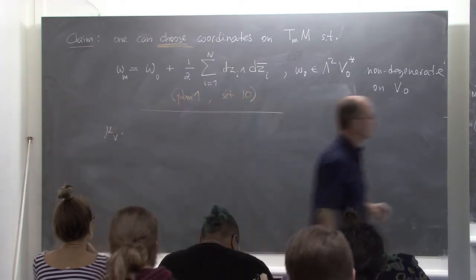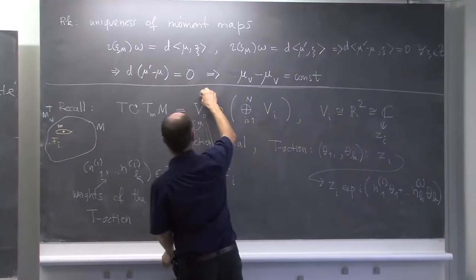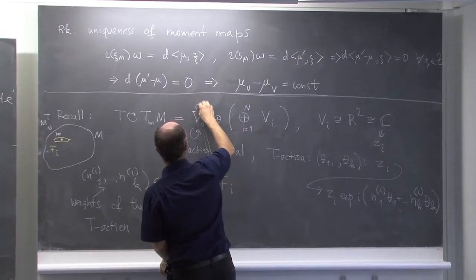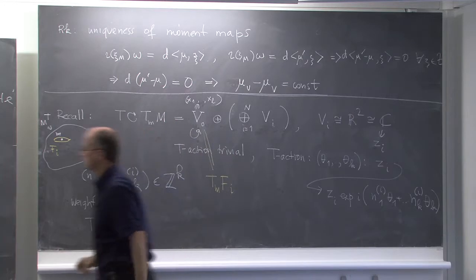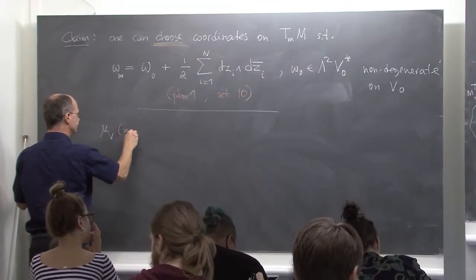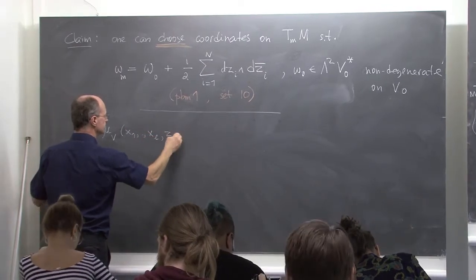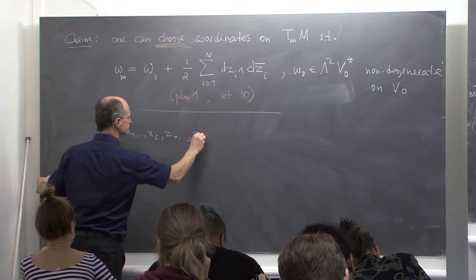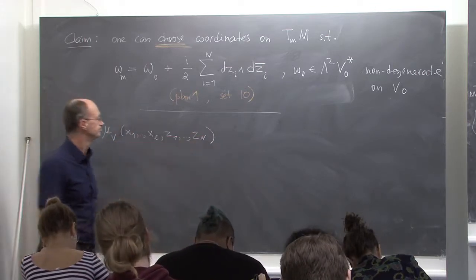So we have coordinates z_i. Maybe here we have coordinates x_1, ..., x_l. So the moment map will be a function of x's and z's.